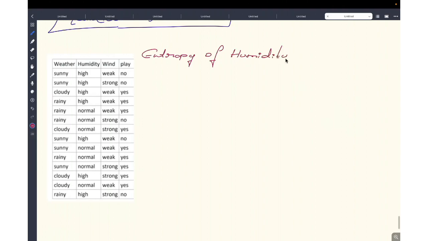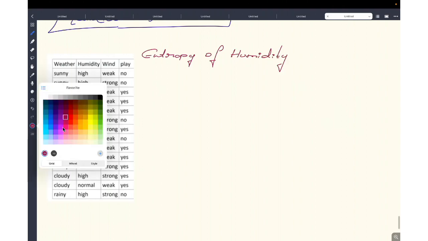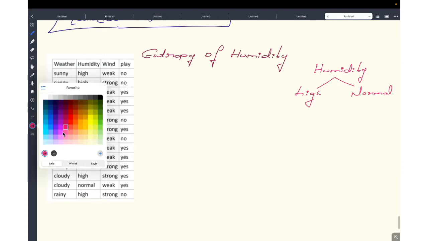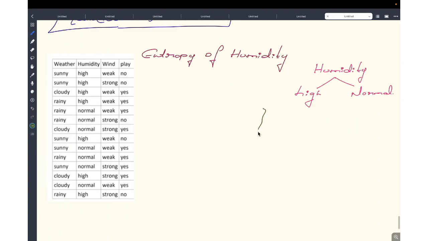Tell me the categories of humidity. Two categories: high, normal. Now you have to find it with respect to each of them, so I'll just split it. We'll try for high.